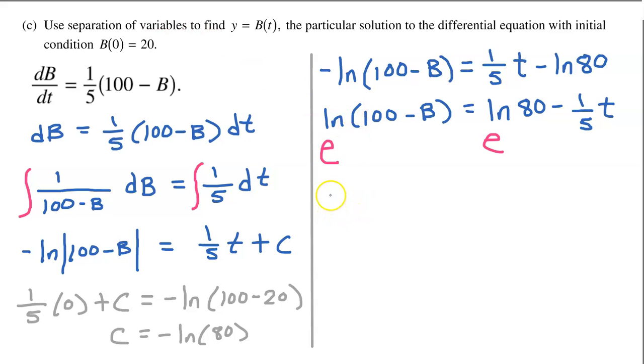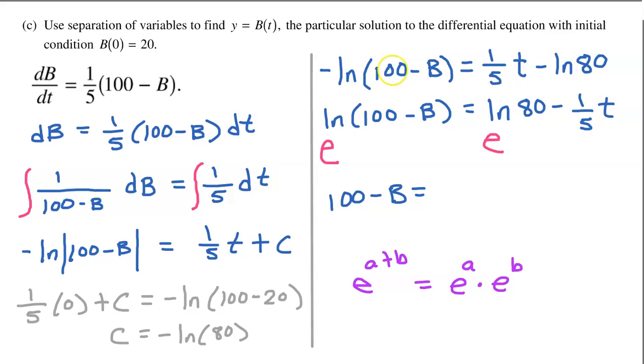So I'm going to end up with 100 minus b is equal to, I'm going to rewrite this a little bit. I can't cancel out the base e and the natural log because I have this extra factor being subtracted over here. So I'm going to use a property that works this way. If I have e to the a plus b power, that's the same as e to the a times e to the b, a little property of exponents.